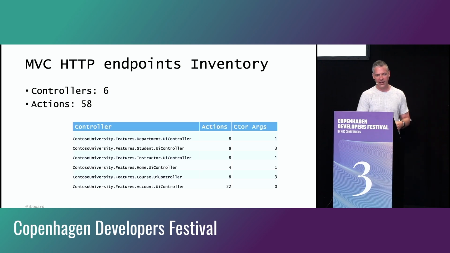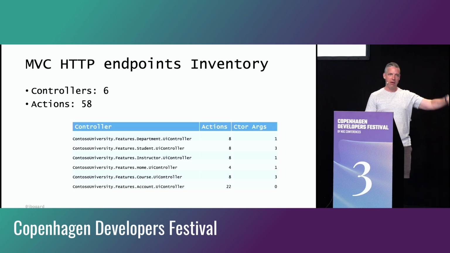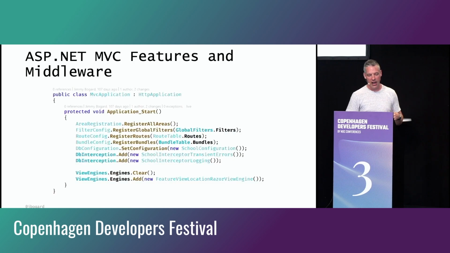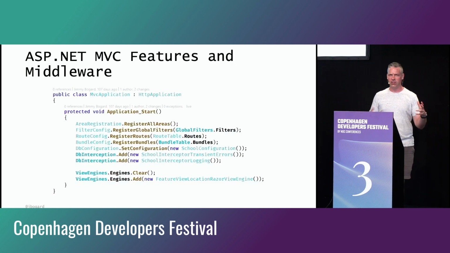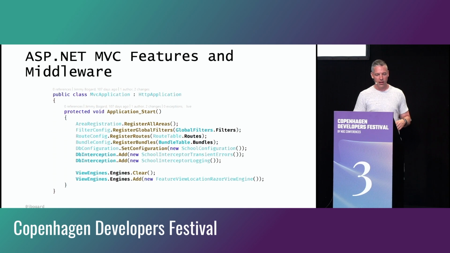The next thing we looked at was, okay, these are all the pages in the application. Well, what other things are in the application that are used to support the function of the system? And so the first thing we looked at was all of the MVC features that were turned on and all of the middleware associated with ASP.NET Core, or I'm sorry, ASP.NET MVC5. So in here, this is the application start.